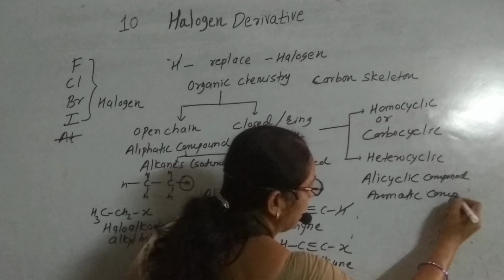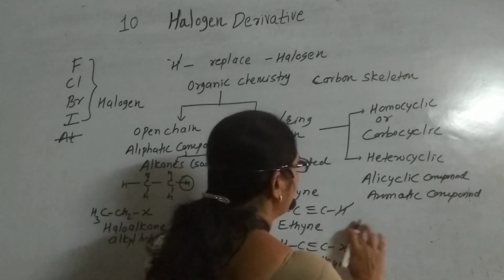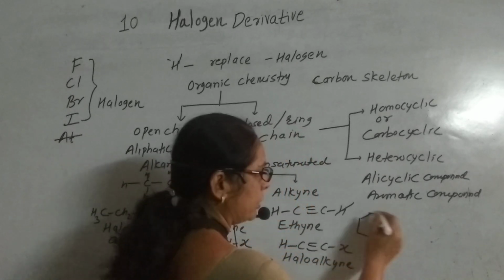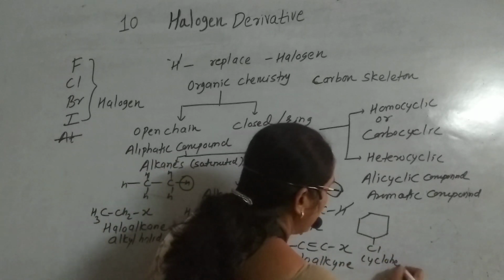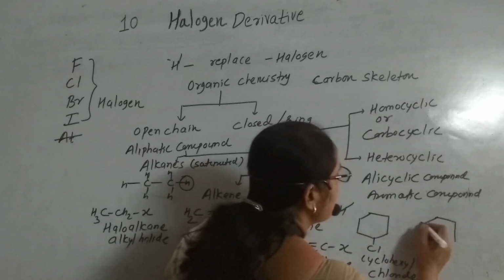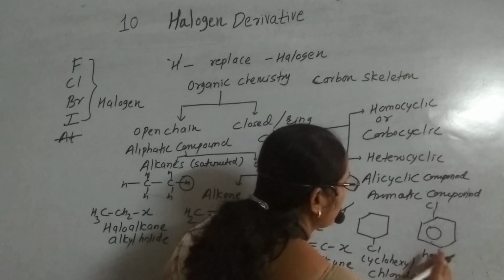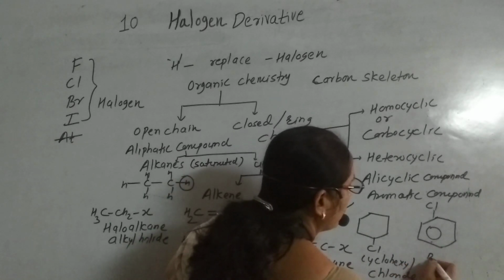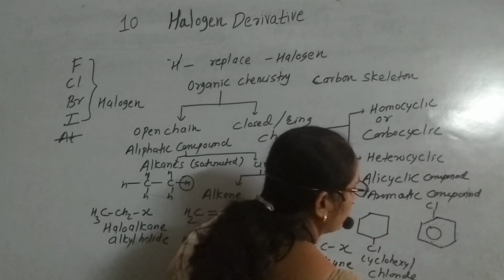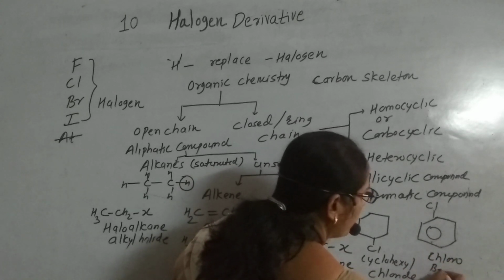In alicyclic compounds, for example, this is cyclohexyl chloride, and in aromatic compounds, this is chlorobenzene.